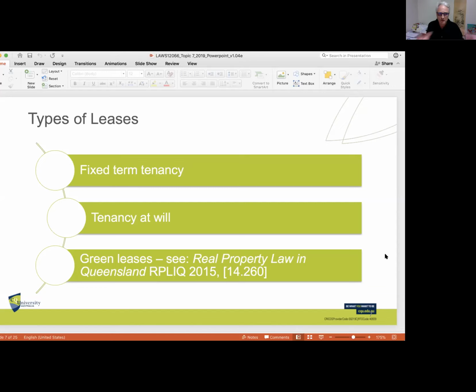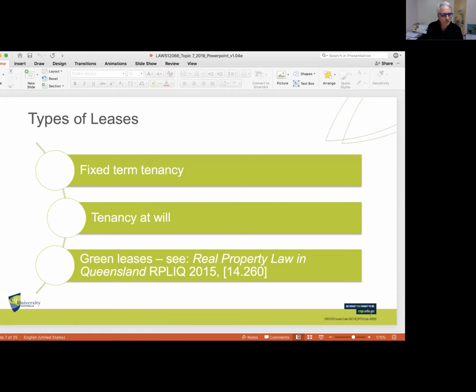It's not totally undeterminable. Okay, that's the point. A tenancy at will, as you see from the notes, arises where a person enters into possession under a lawful right and remains in possession when that right expires with the consent of the landlord. So it's at the will of the landlord making the decision about how long this should continue.